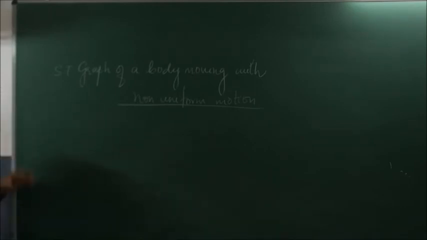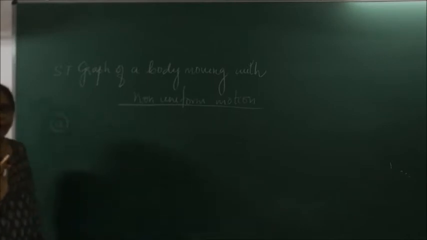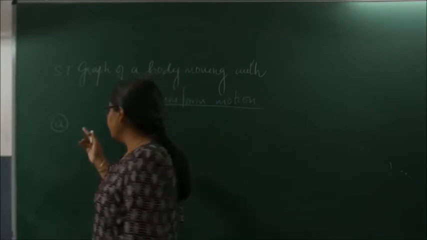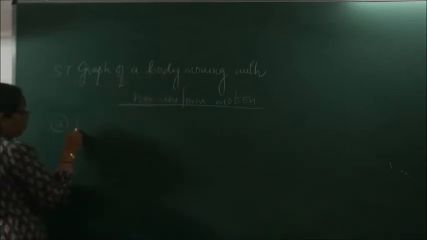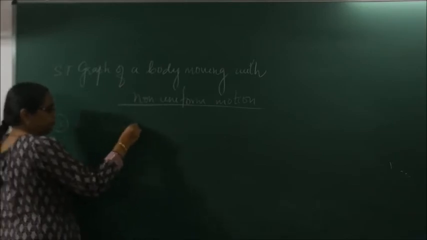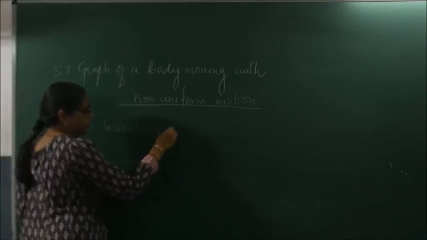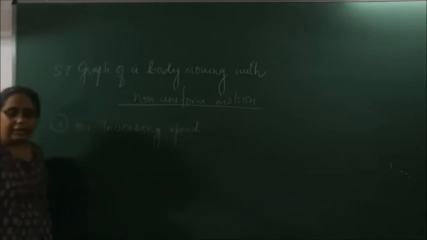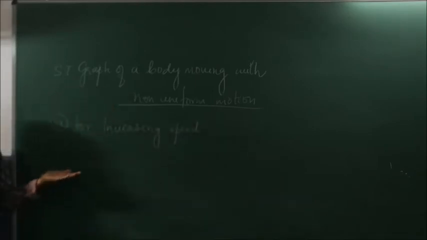Okay, so now for non-uniform motion, we may have non-uniform motion when the speed increases or when the speed decreases. So first I will write for increasing speed. When the speed of the object increases, let us suppose its speed when it started was 0, but slowly it reached a higher speed.